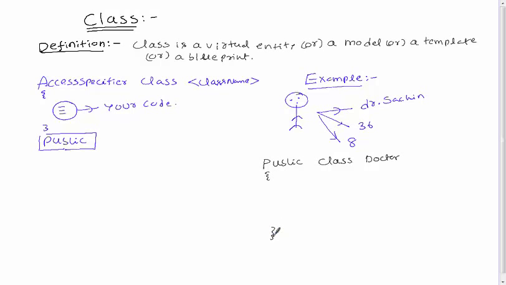end curly bracket. After writing the open curly bracket and end curly bracket, we need to store this data: Dr. Sachin, 36 and 8. Which kind of data type is suitable for storing Dr. Sachin? Dr. Sachin has English characters. So how will you store the data? Which data type is suitable? String data type.